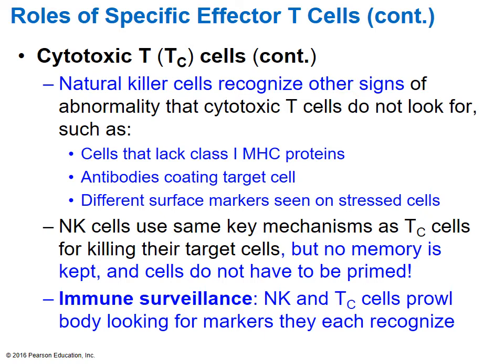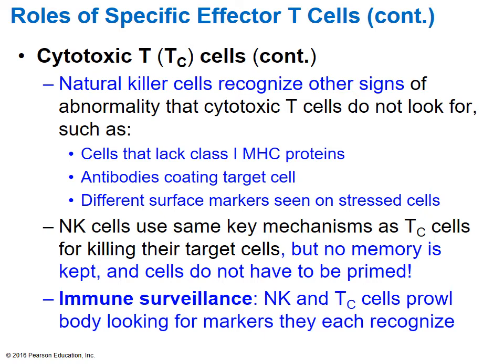Now remember, it's okay for the cytotoxic or killer T cell to have the same mechanism as the natural killer cell because they all originate from lymphocytes. But please keep in mind that your natural killer cell is part of your innate or non-specific defense system, meaning that it will not have a memory of the event or the foreign antigen.